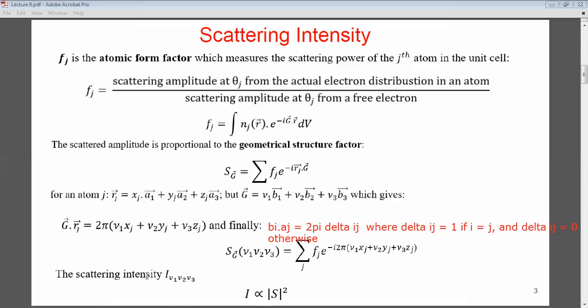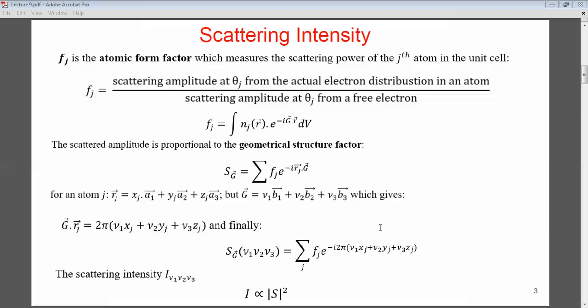The scattering intensity, that is, how bright I see my rings on the detector, depends on this structure factor, and it's actually proportional to its absolute value squared. So we calculate the structure factor and we square it, and this is how much the scattering intensity is.